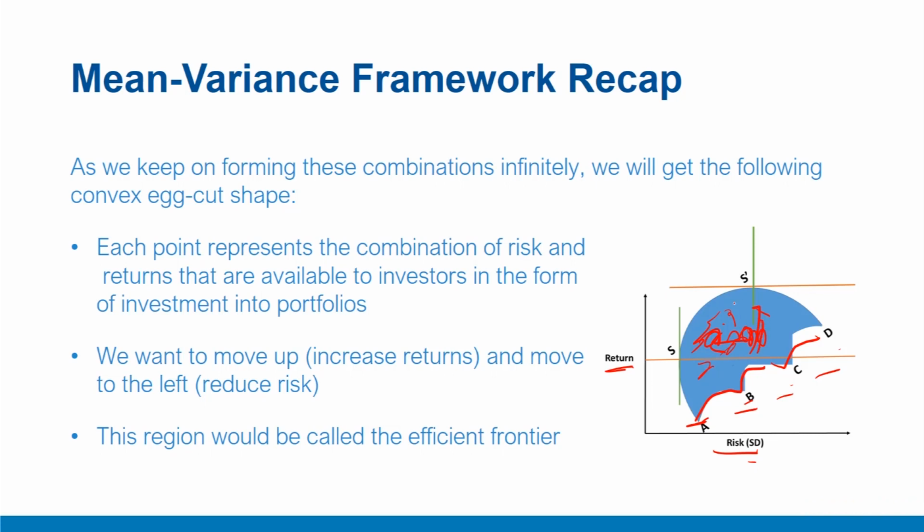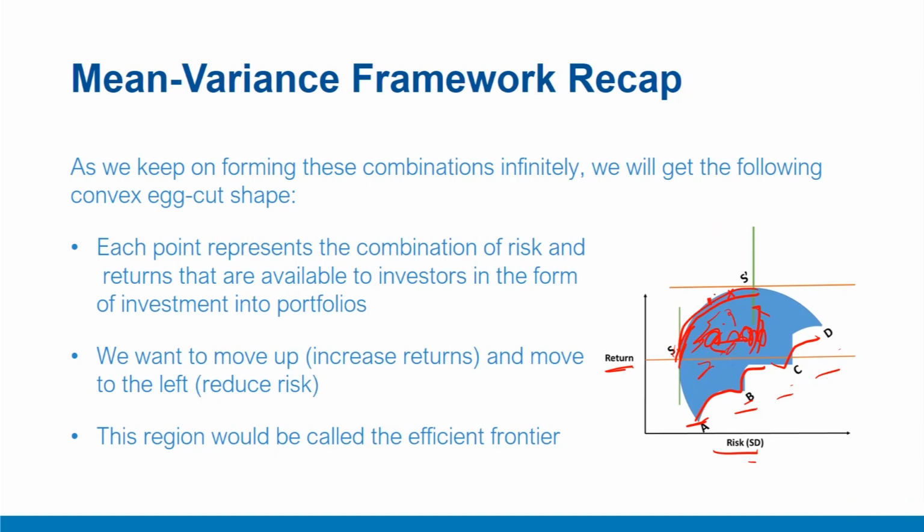As we keep on doing that, we reach a particular surface, the surface of this region. This surface is called the efficient frontier because every point on this surface represents a unique combination of risk and return, which can be explained in the following terms.